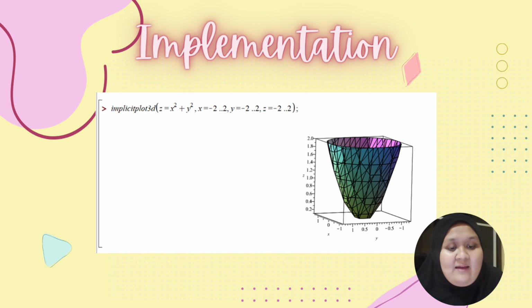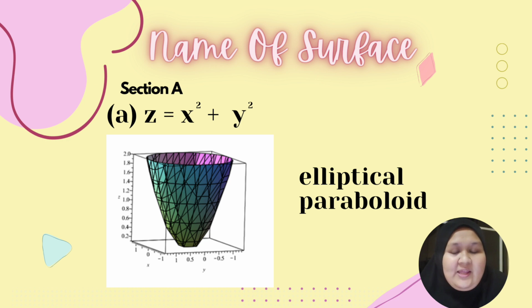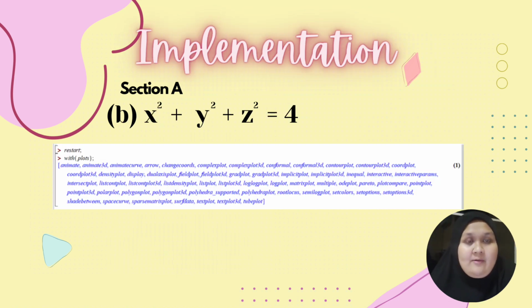My variables are x is equal to negative 2, 2, y is equal to negative 2, 2, and z is also negative 2, 2. After the implementation in the MAT491 software, I got the name of the surface for my first question, which is elliptical paraboloid.